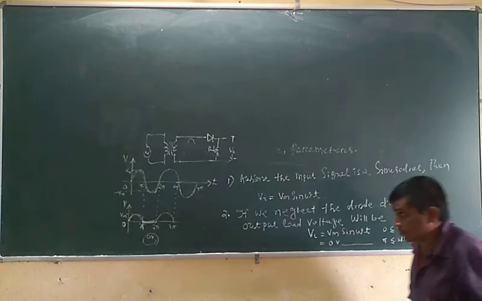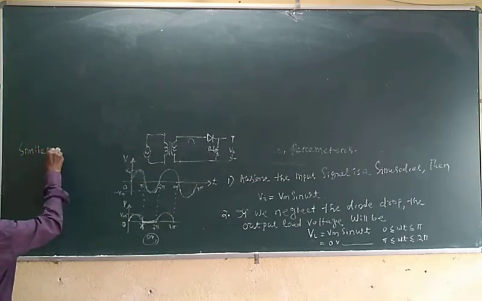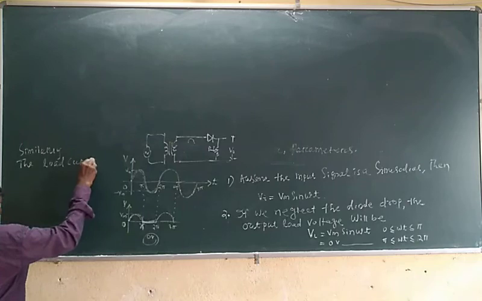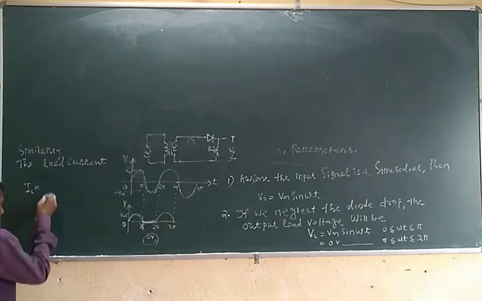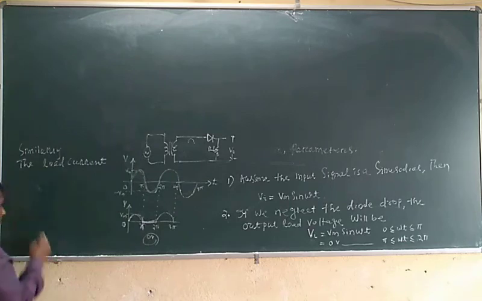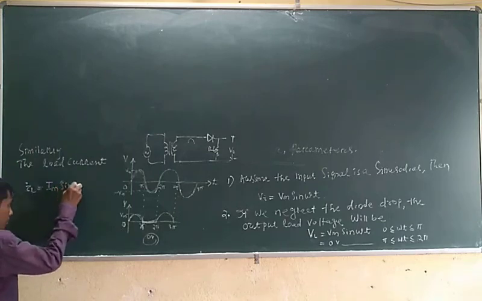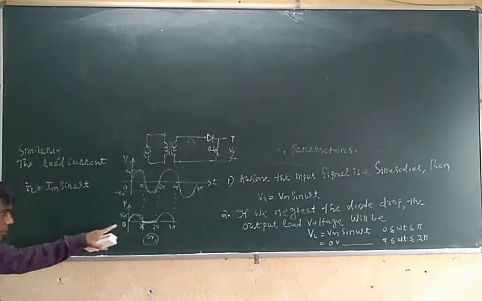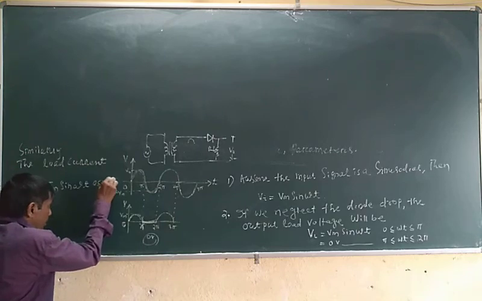Similarly, the load current IL, the output current, is IL equal to Im sin omega t in the duration 0 to pi, that is 0 less than or equal to omega t less than or equal to pi.